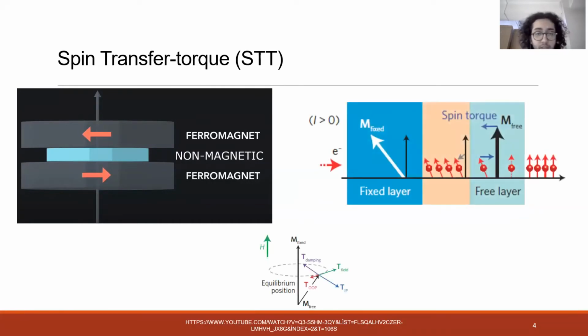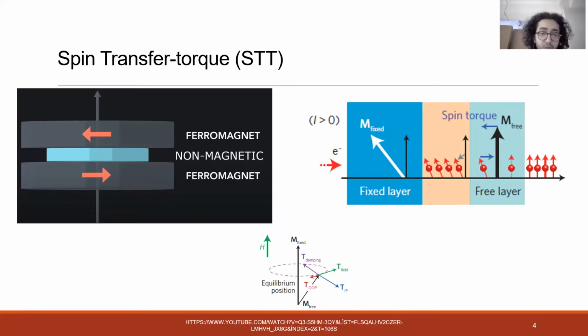When we inject electrons through the stack, the electrons get spin polarized while passing through the ferromagnet. We also know the fixed magnetization and the free magnetization do not have the same direction, so they are not parallel to each other. The spins will align in the direction of the free magnetization due to exchange interaction.